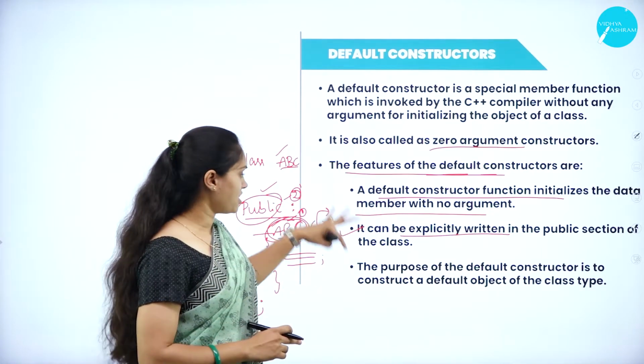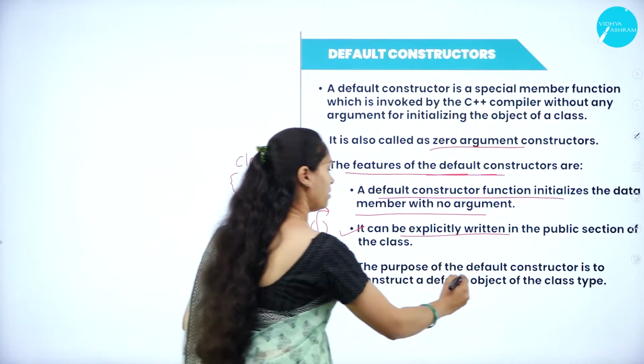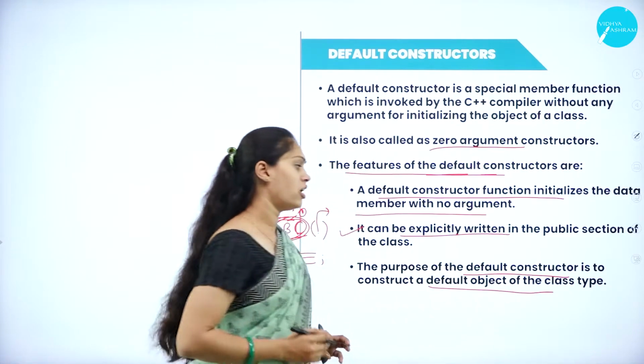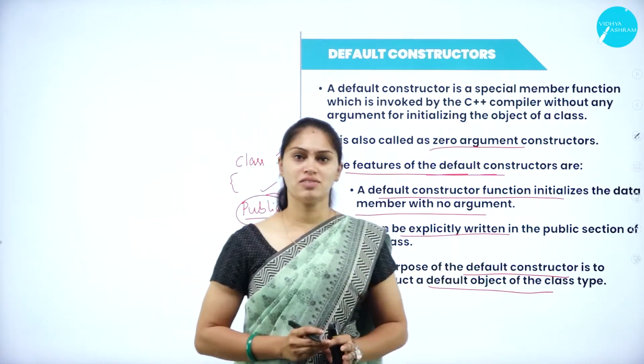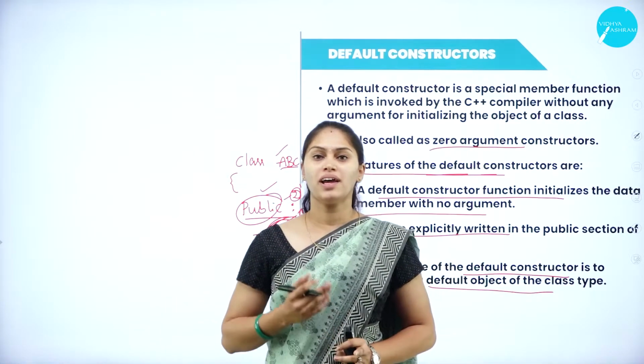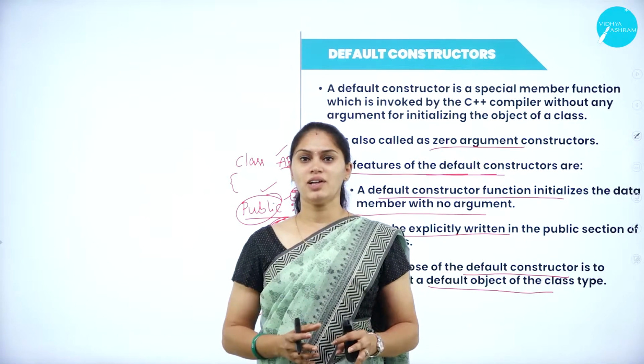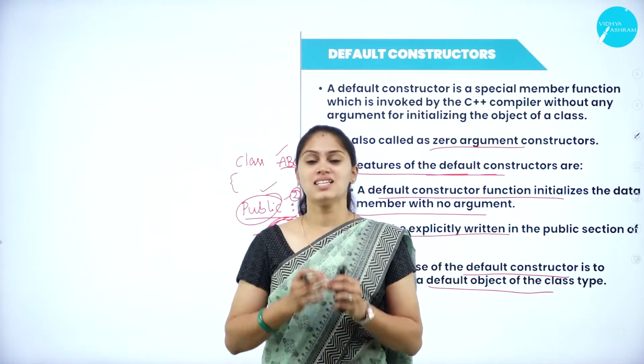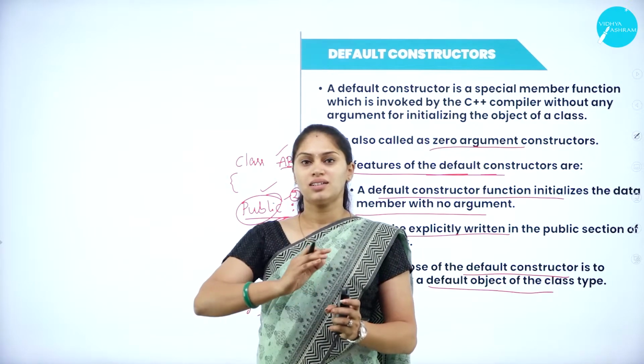What is another feature that I have here? The main purpose of using this default constructor is to construct a default value for the objects of the class type. I am going to create one object for a particular class, and at that time I am going to initialize the same value for the object.